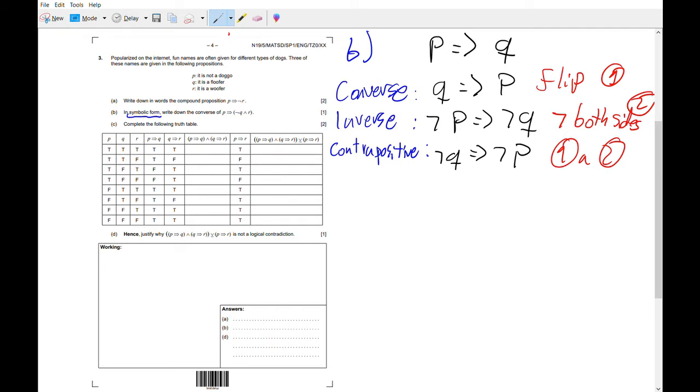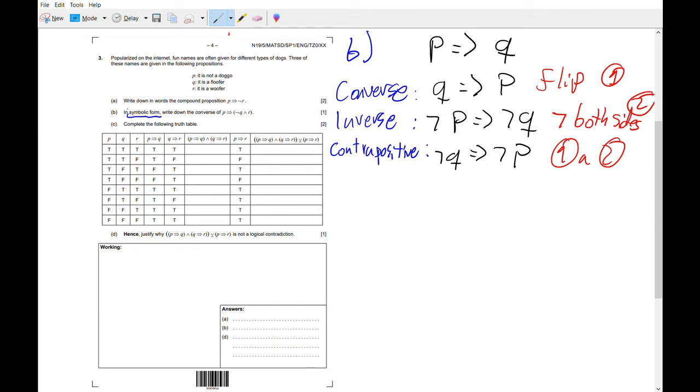Right? Unfortunately, I don't think there's a very clear way to remember these words intuitively, so you kind of have to memorize it. The only trick I used to do was that inverse is going to be like opposite, so it has to be adding the not. And I also remembered that the super long word is going to be the one with more steps, right? It's going to be 1 and 2. So if I remember 2 of the 3, the third one is the one that's left. So that was a trick I used to do. You can find your own way.